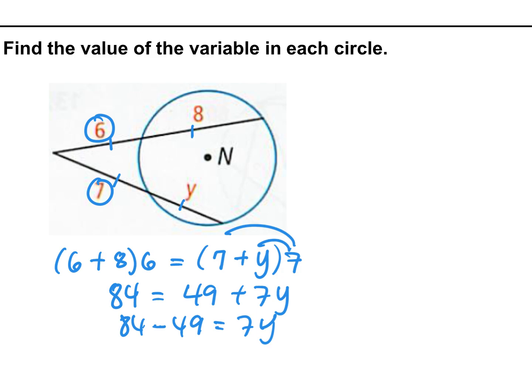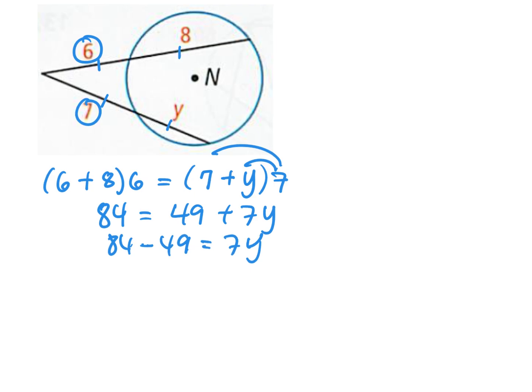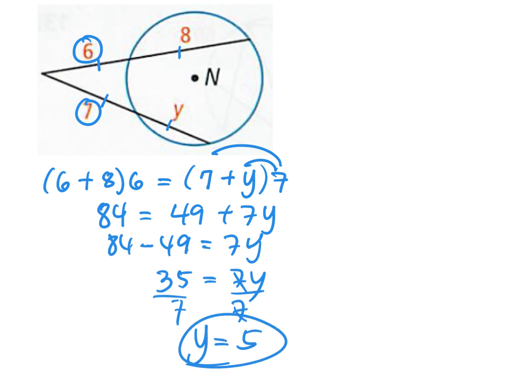That gives you 35 equals 7y. Divide both by 7, and we get 5. 35 divided by 7 is equal to 5.